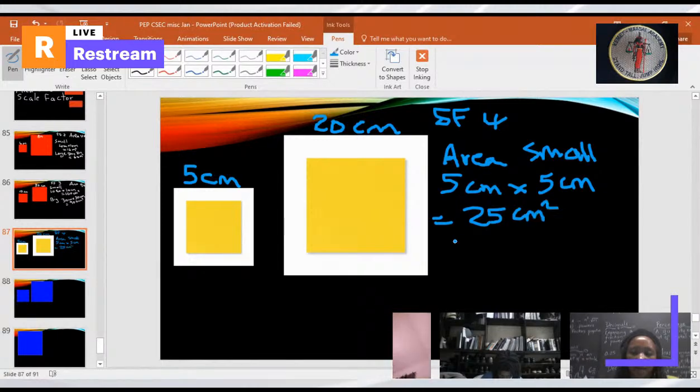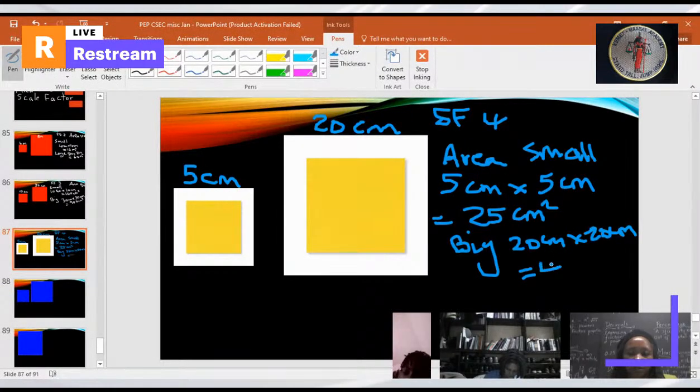And the area of the big square, Miss, that would be 20 centimeters times 20 centimeters. How much is that? 400 centimeters squared.